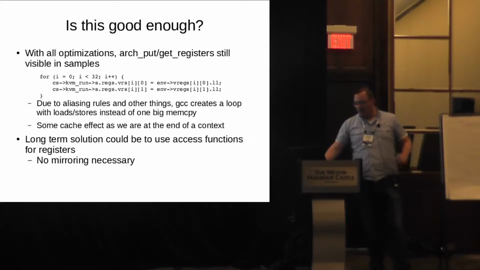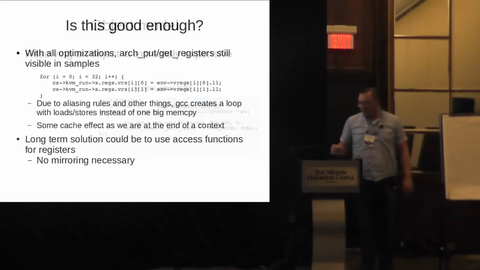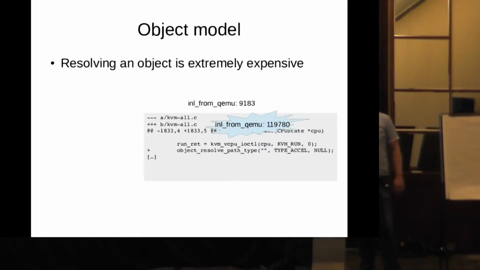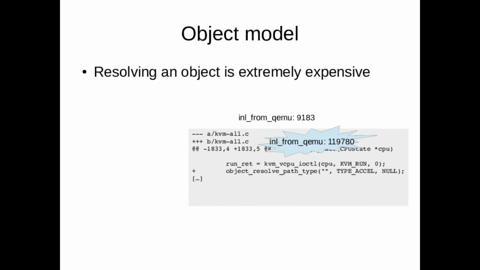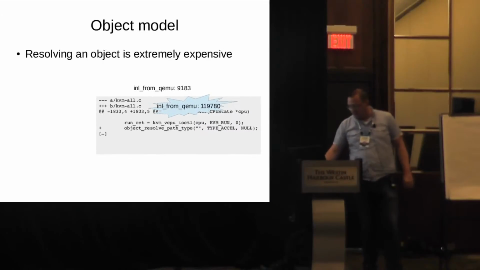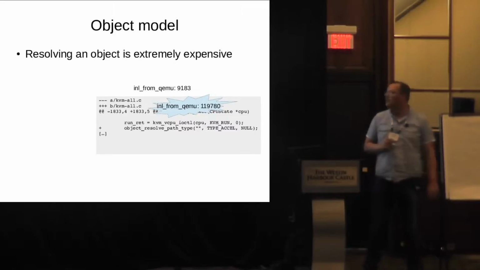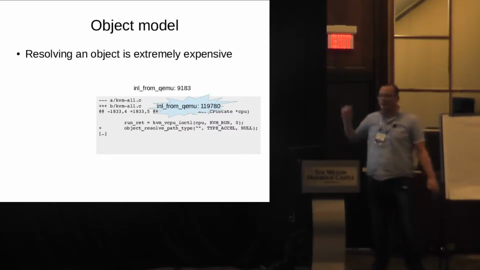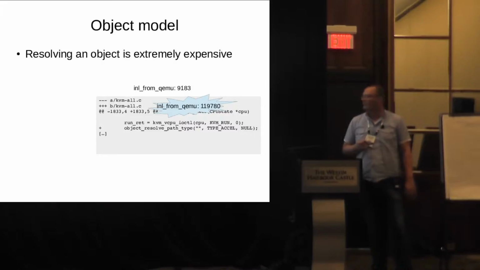As I said, CPU synchronized state is not the most expensive thing in QEMU. Another thing which is really surprising is how long it takes to resolve an object with the object model. So instead of adding CPU synchronized state, I just resolved some random value.